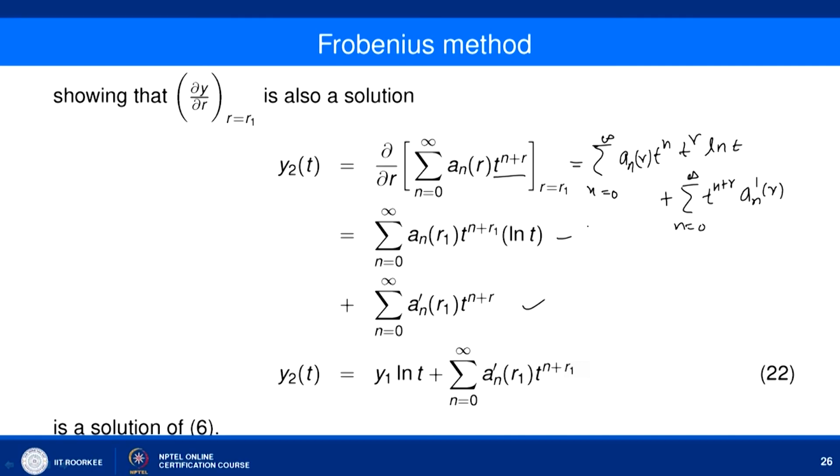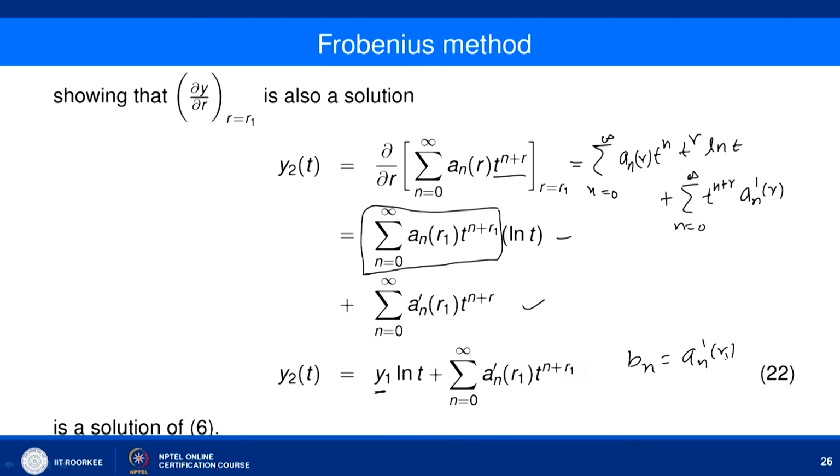If you simplify, a n r1 t to the power n plus r1 is nothing but y1. So, the first term is written as y1 ln t, and the second term is written as summation n equal to 0 to infinity a n dash r1 t to the power n plus r. So, it means that b n is nothing but a n dash r1.